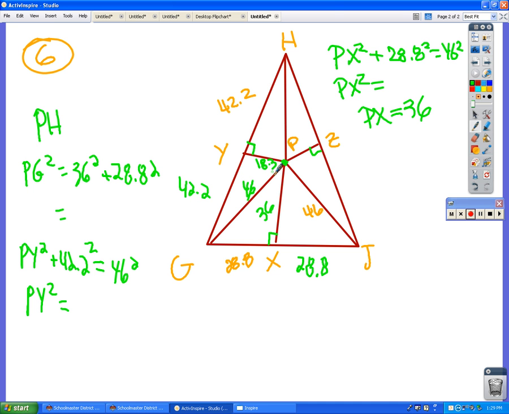Okay. And then finally now we can go 18.3 squared plus 42.2 squared equals PH squared. Seems like it. It's 46, so it does come out to be the same.